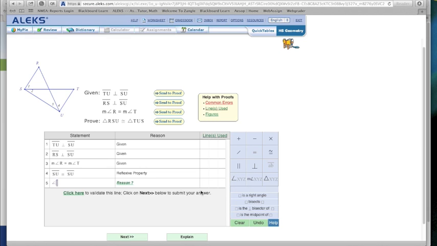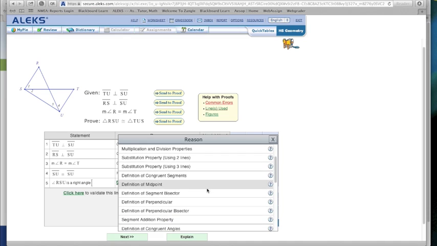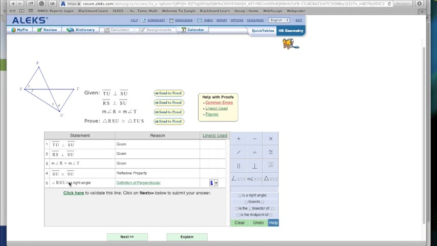RSU is a right angle, and the reason for that would be definition of perpendicular, and RSU would be the RS perpendicular to SU statement, which is step 2.